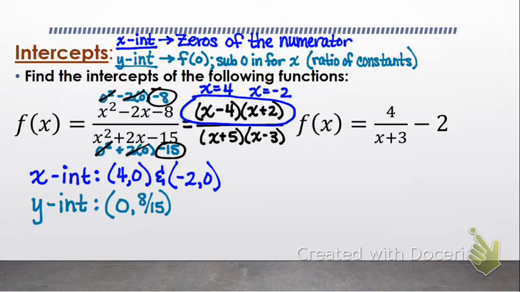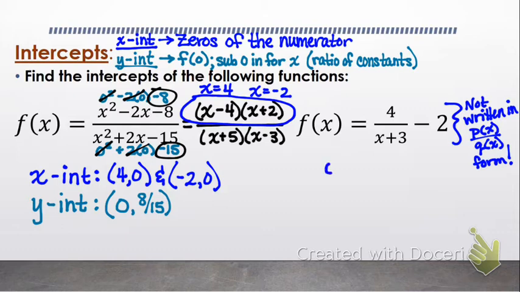Looking over at this other example here, remember I need the zeros of the numerator in order to find my x-intercepts. But this is not written in P over Q form. So I can either rewrite this in P over Q form, or I can set it equal to 0, because in x-intercepts the y part is always 0.